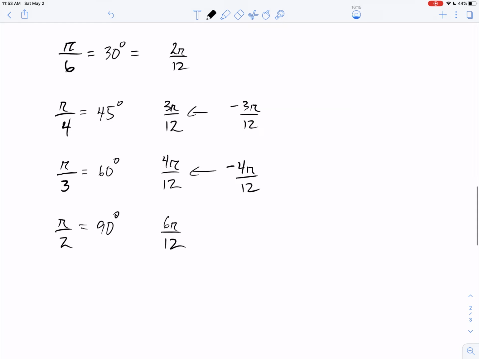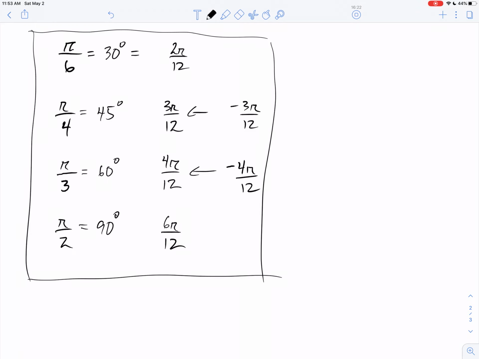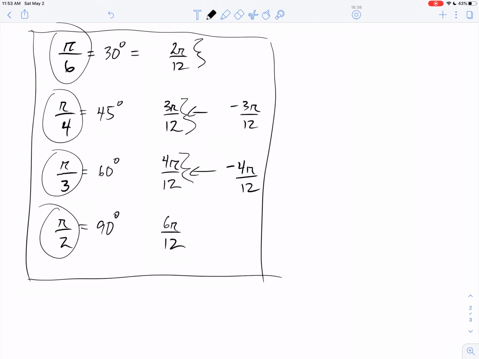Here's the thing. When they give you radian measurement, you can always think of these guys: pi sixth, pi fourth, pi third, pi halves. We have a quick degree conversion for all of those. And every single one of them could be written with a 12 in the denominator.